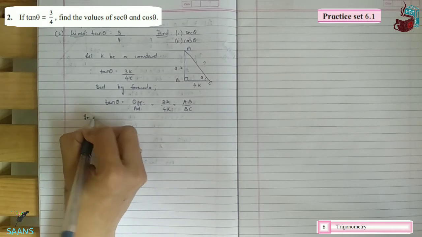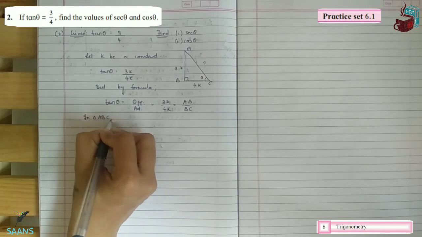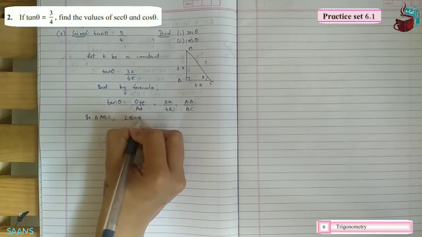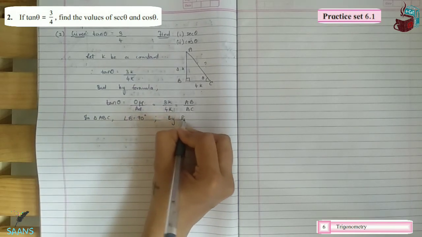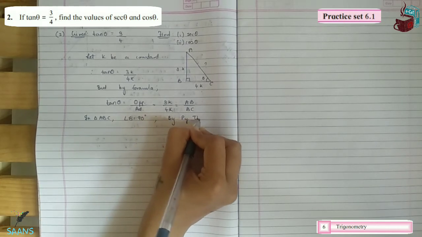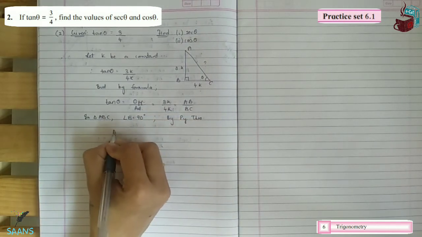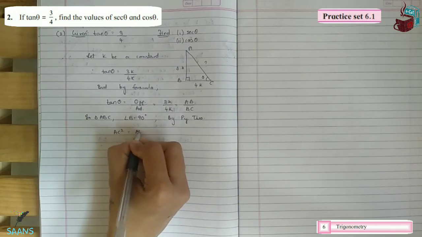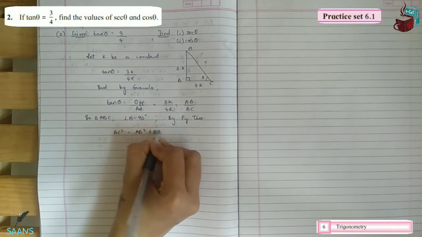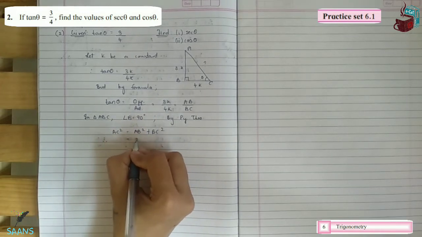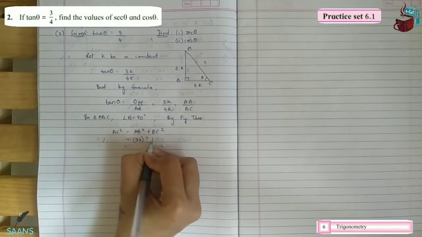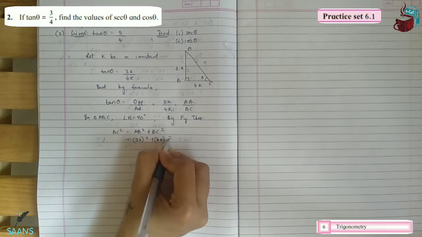Therefore, in triangle ABC, angle B is equal to 90 degrees. By Pythagoras theorem, we get AC square is equal to AB square plus BC square, that is 3k square plus 4k square.